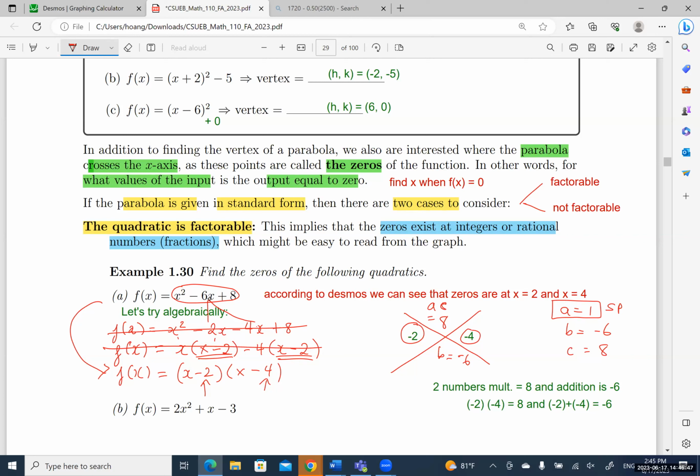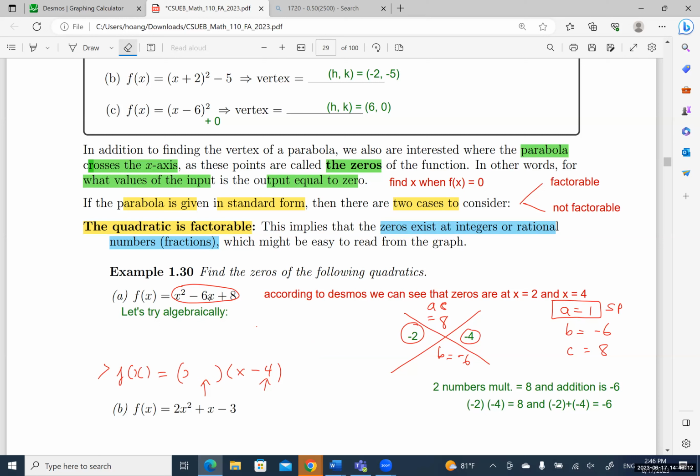So I will delete this and just come right away to that step. Keep in mind that it only happens if a equals 1. You can only do this if a equals 1. So watch out, right?